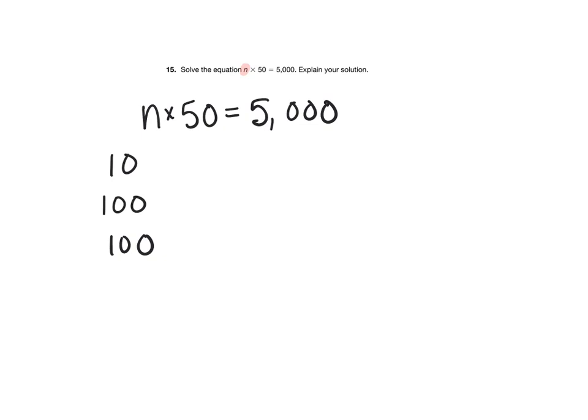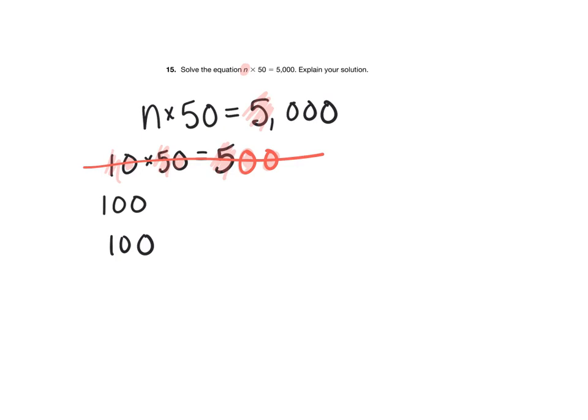Because when I multiply my non-zero digits, I'm going to get my 5, which is here, right? So 10 times 5 equals 5. Do I have the right number of zeros here? 1, 2. 1, 2. That gives me 500, so that can't be right.